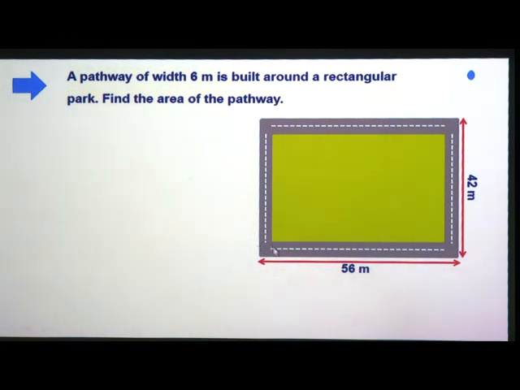This is the path which is 6 meters wide. Find the area of the path, where 6 meters is the width given to us. Here we know the length as well as the breadth. Now, we will see how to calculate the area of the path.